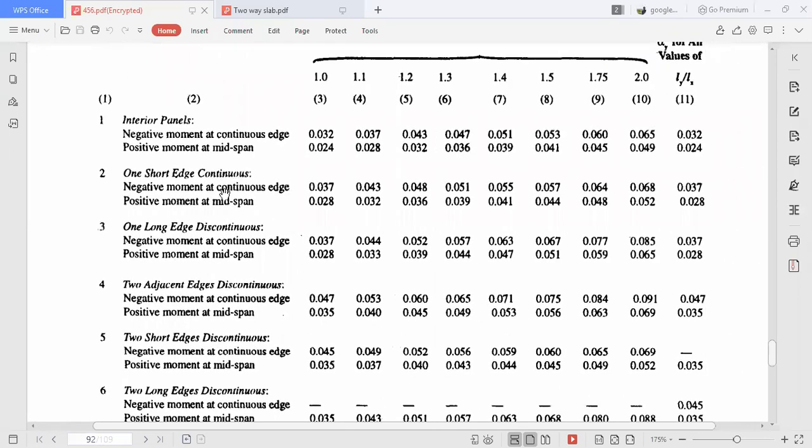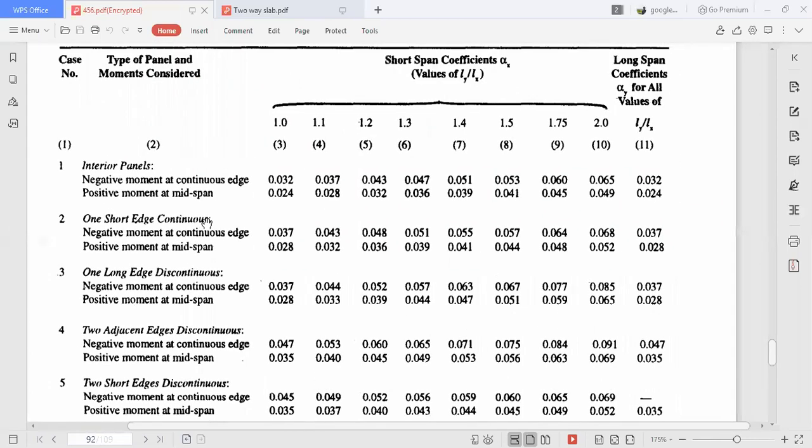Now for this we need a total of 4 moments, that means 4 alpha values. Now let us assume our Ly by Lx ratio is 1.3.